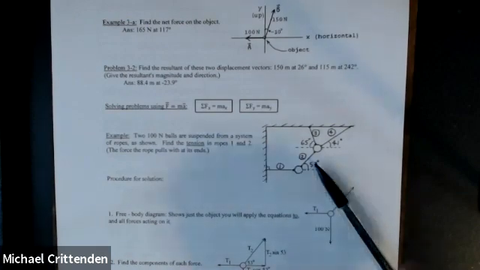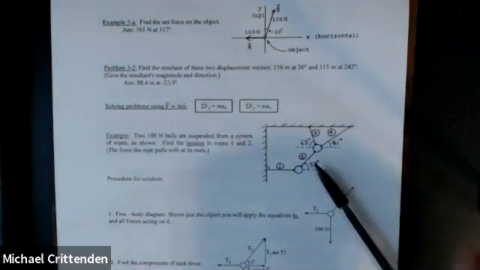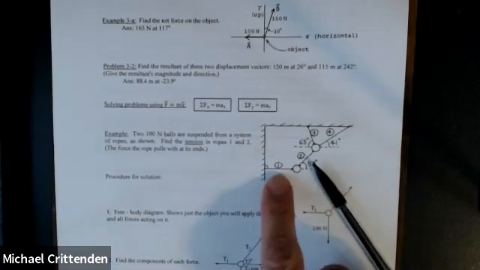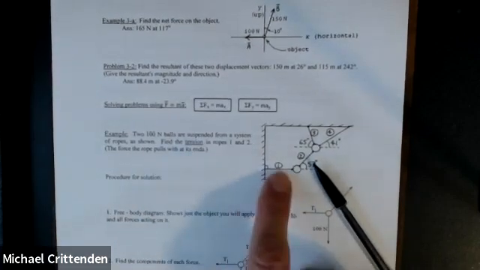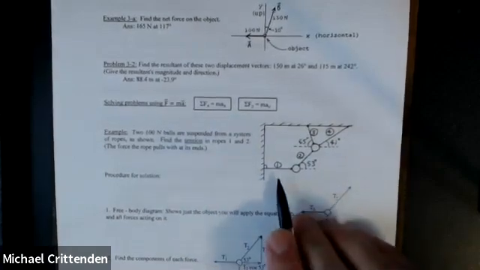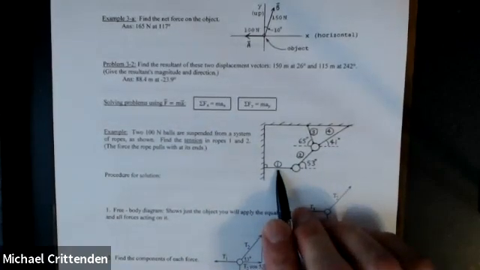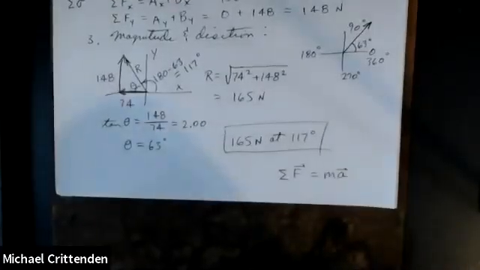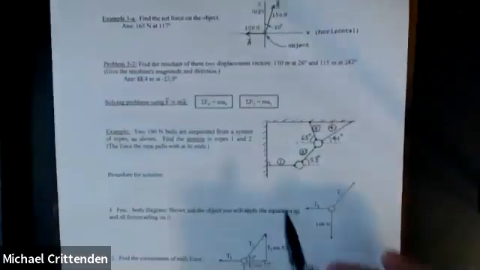Okay? And so before you even build your first prototype, what you need to do is figure out what the stresses on each part are. In the case of this, we're going to calculate the tension in each rope. The word tension means how much force is in that rope. Number one, tension in rope one comes out a little over 75 newtons.